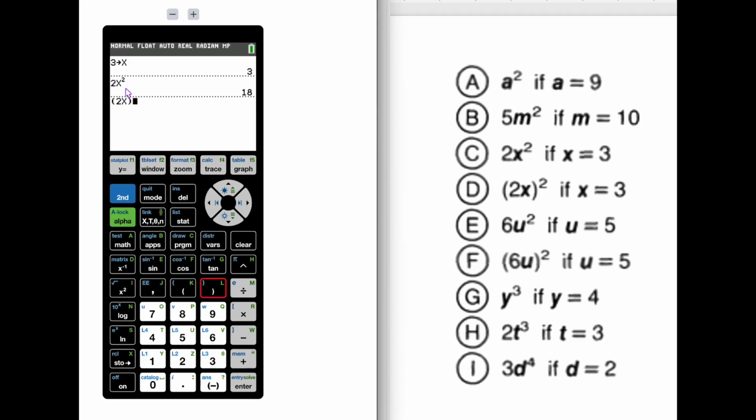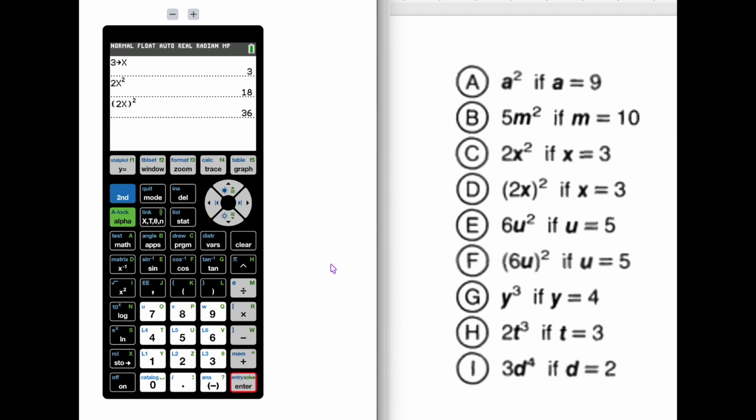So the one previously squared 3 and then doubled it. This is going to double 3 to 6 and then square it, which means you're going to get not 18, but 36. Right? Same thing for E and F. For E, you should have gotten 150, whereas for F, you should have gotten 900 because of the parentheses.